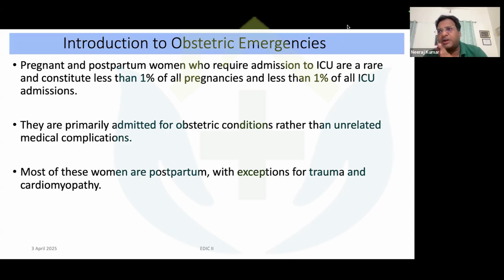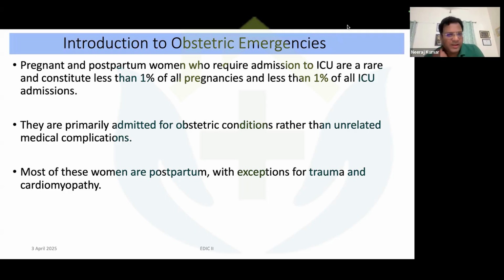A few important things related to physiological changes of pregnancy, where I will discuss one diagram. Then amniotic fluid embolism and peripartum cardiomyopathy. I have omitted infection and pregnancy, because I feel it is not of much use, but yes, definitely you have to read all those things.